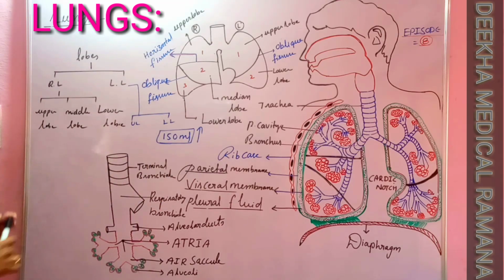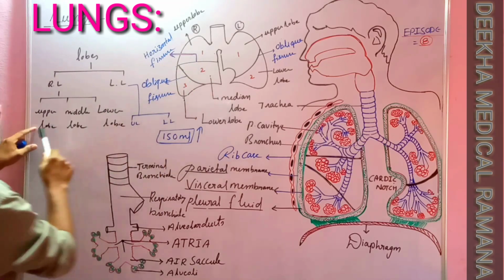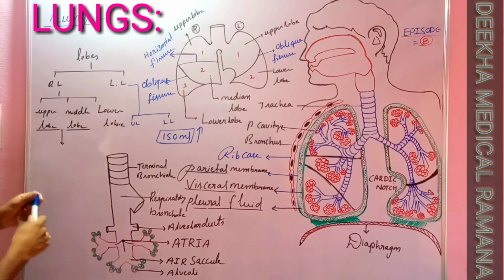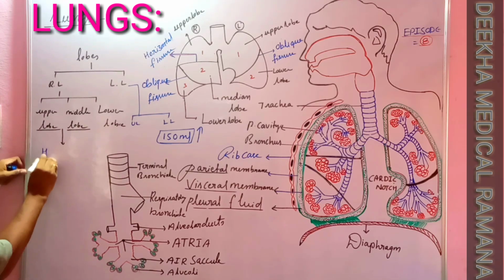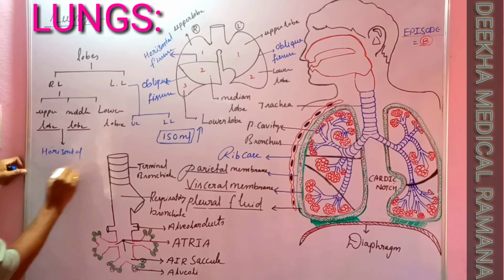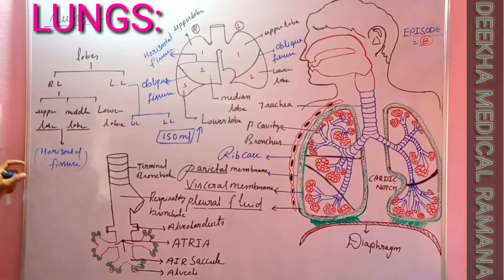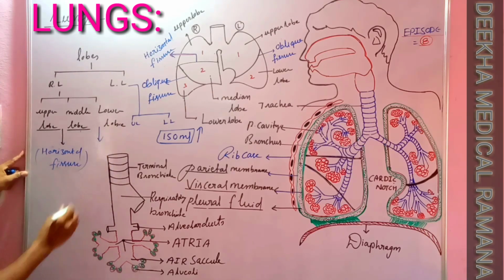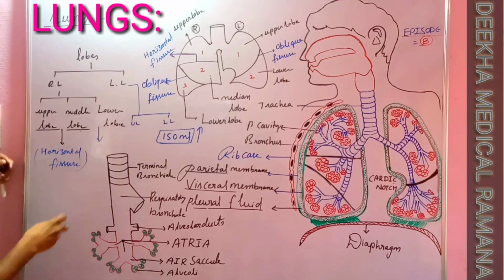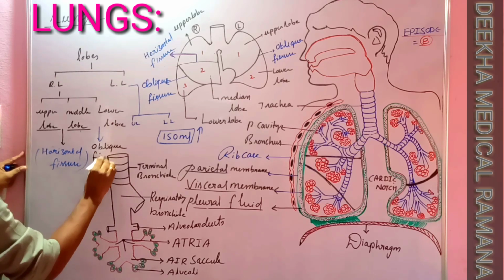Now how are these lobes separated? Very important. On the right side, the upper lobe and middle lobe are separated by a separation called the horizontal fissure. A fissure is a separation. The middle lobe and lower lobe are separated in an oblique manner, and that separation is called the oblique fissure.